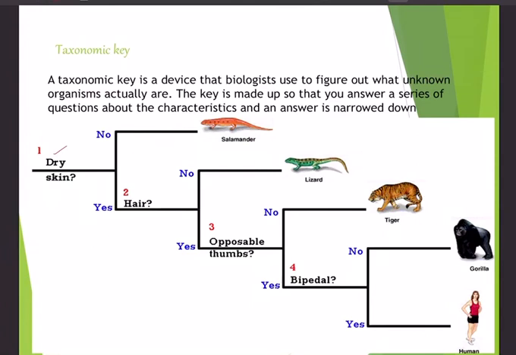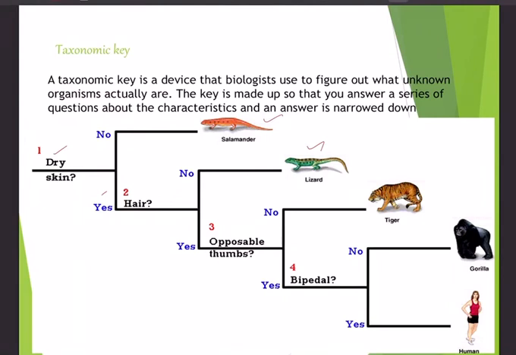Now you have contrasting answers: animal not having, no, or animal having. If the animal does not have dry skin, see, salamander, we are arriving at that. If the dry skin is there, yes, the next character is hair. Over the dry skin, is there any hair? No hair, then we say lizard.